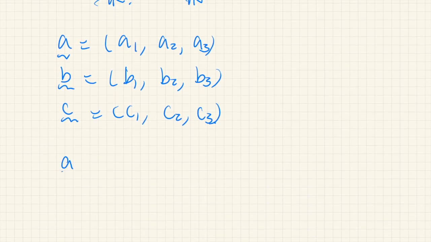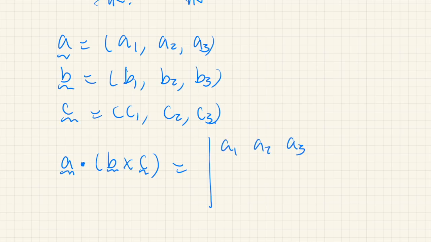Then the triple product among these three vectors is given by the determinant with rows A1, A2, A3; B1, B2, B3; C1, C2, C3.